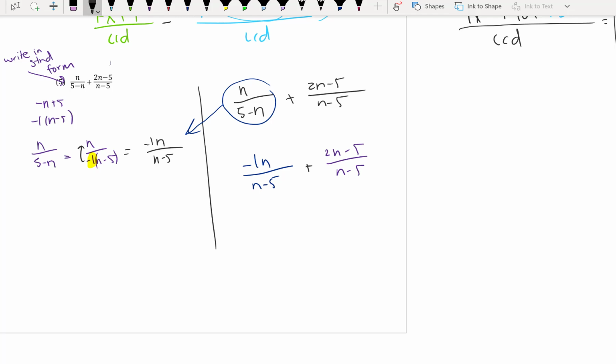So now adding like terms, negative 1n plus 2n just gives me an n minus 5 over n minus 5. So since everything cancels, what does that give you? 1 over 1, or better yet, your answer is just going to be 1. Okay? It's like saying 5 divided by 5 is 1.